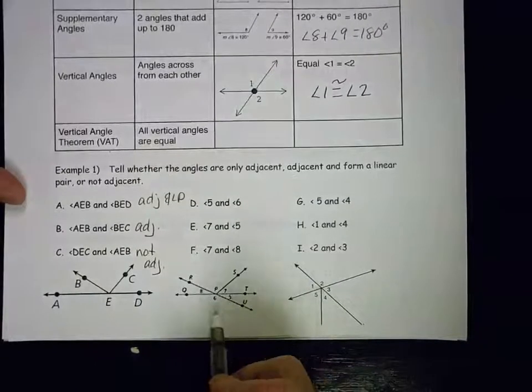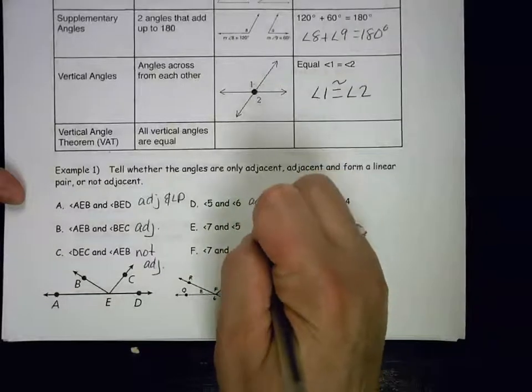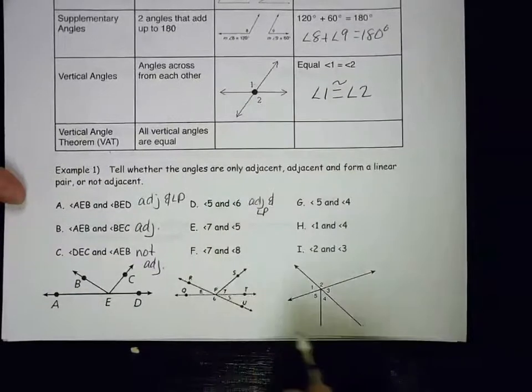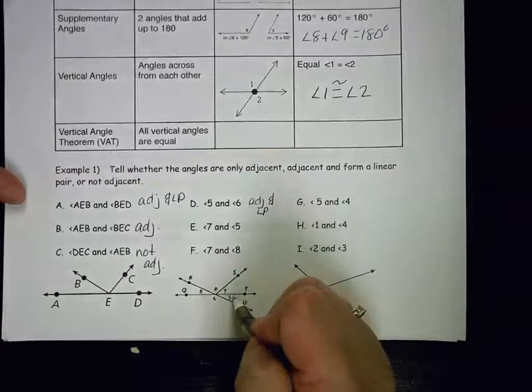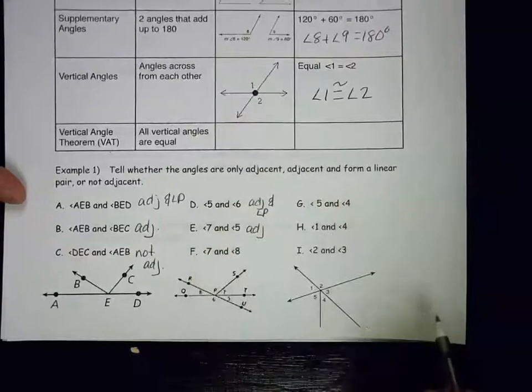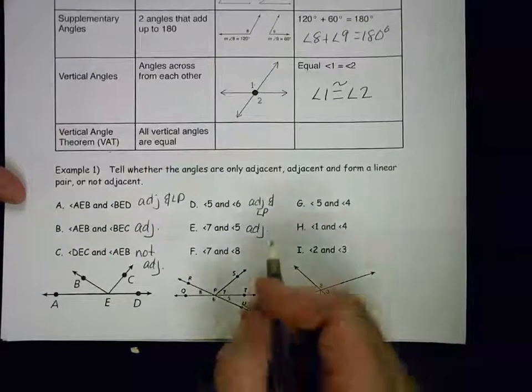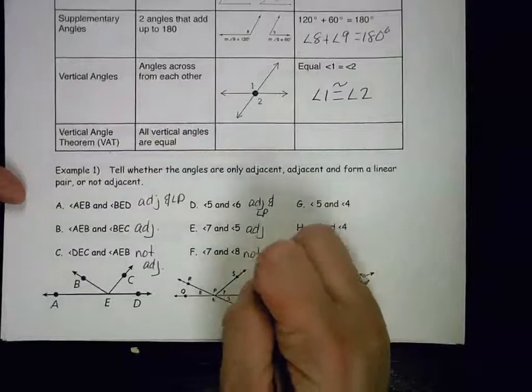5 and 6 right here are adjacent and a linear pair. 7 and 5, they're right next to each other, and that's called adjacent. And 7 and 8, those are not adjacent.